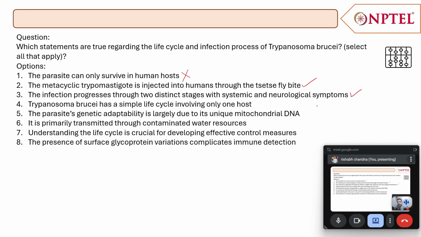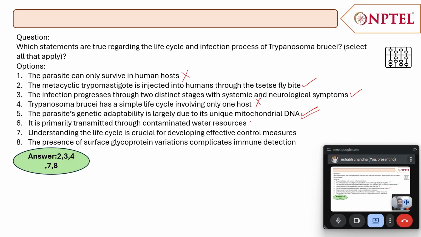The Trypanosoma brucei has a simple life cycle involving only one host. No, this is false, because it has two hosts, that is human as well as tsetse fly. The parasite's genetic adaptability is largely due to its unique mitochondrial DNA. Yes, this is correct. It is primarily transmitted through contaminated water resources.